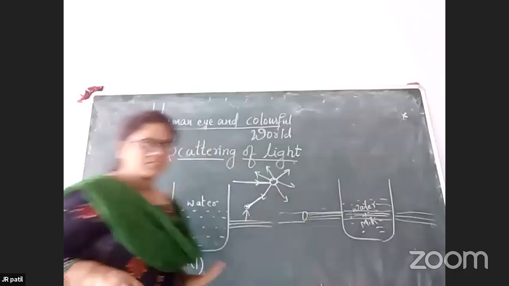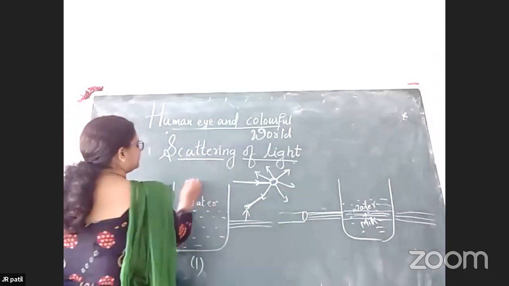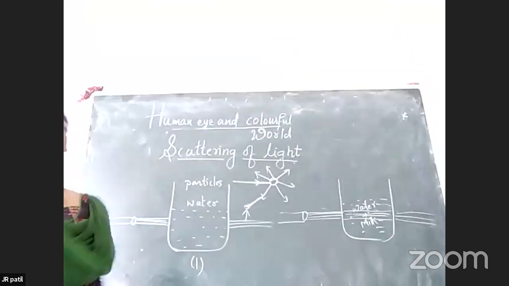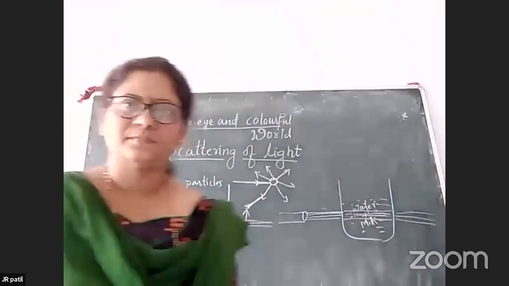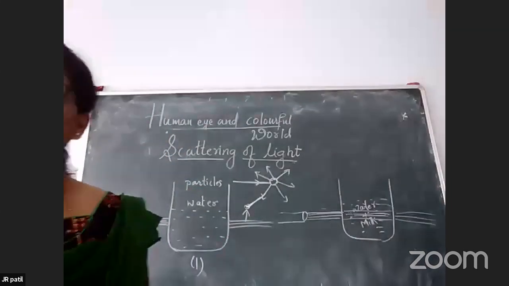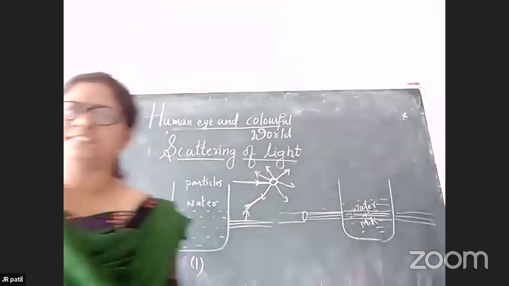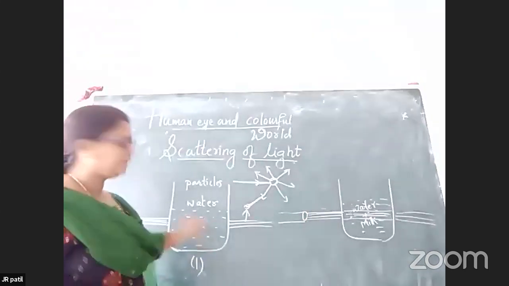So you can ask me, are there not particles present in water? Particles present in the plasma? Here light is visible. You can ask this question to me. Madam told that light will pass there, but here light will not pass.